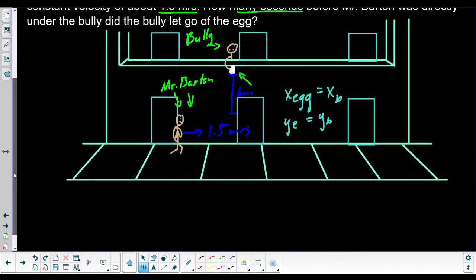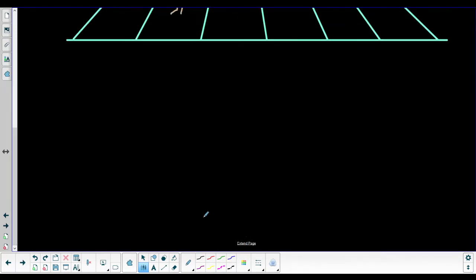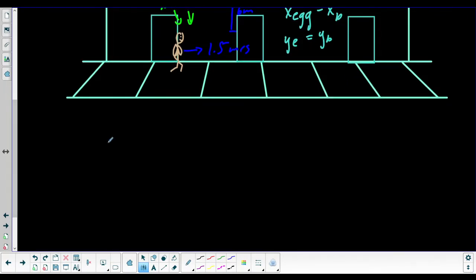Let's start with looking at this egg, and then we'll look at me. The egg is moving purely in the y direction. We know we're talking about the egg because it's the only thing moving in the y direction.